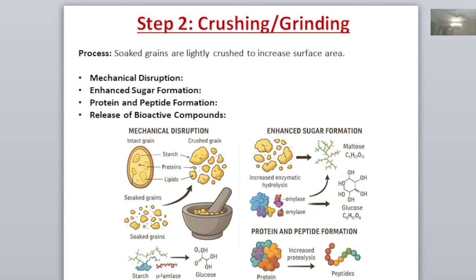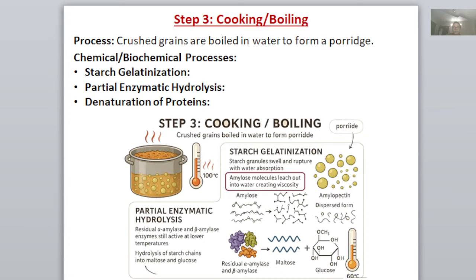Similarly, peptide chains are going to change into amino acids, which are going to be a precursor required for the microbes, because the nitrogenous condition is of course required by them.